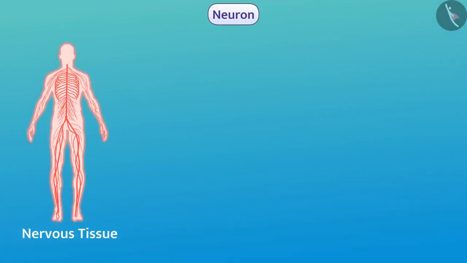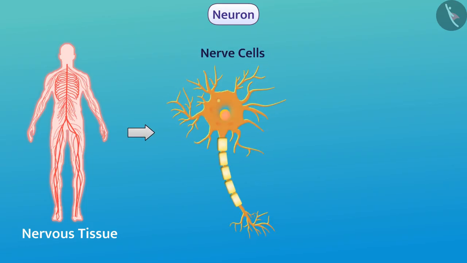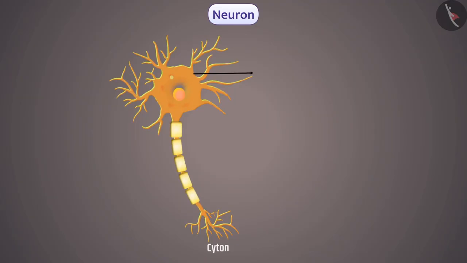Neuron. Nervous tissue is formed from a net of many nerve cells, also called neurons. A neuron is a structural and functional unit of the nervous system. A neuron consists of a cell body, dendrites, and an axon.